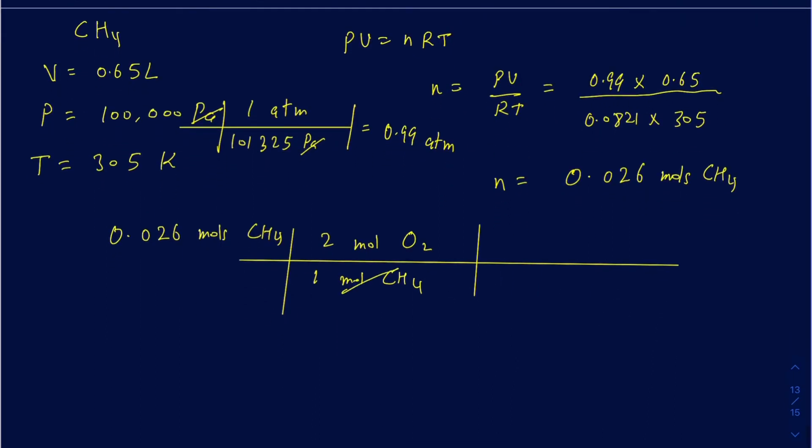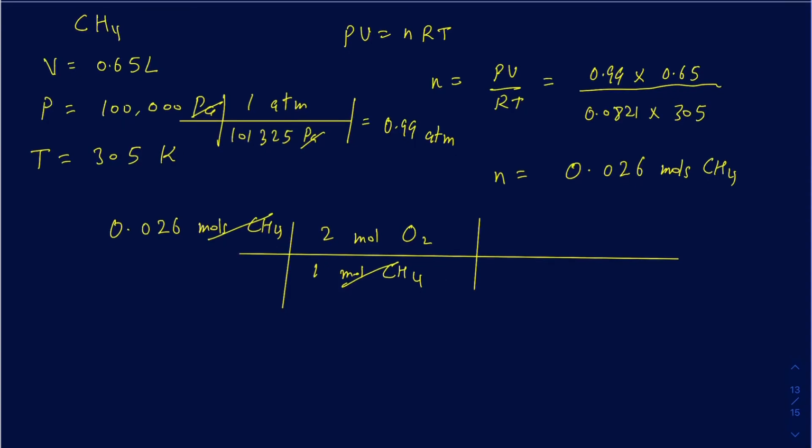That way the moles of CH4 cancels out. We are actually trying to figure out the mass of oxygen. If you were trying to figure out the moles, you would just stop here. But since you're trying to figure out the mass of oxygen, I would convert those moles to grams of oxygen. So I'll have grams of O2 on the top and moles of O2 on the bottom. Then I will use the molar mass: 1 mole of O2 is about 32 grams. So moles of O2 also cancels out.